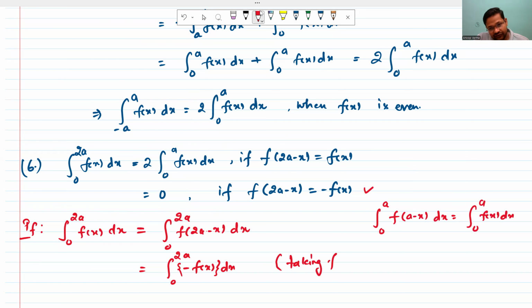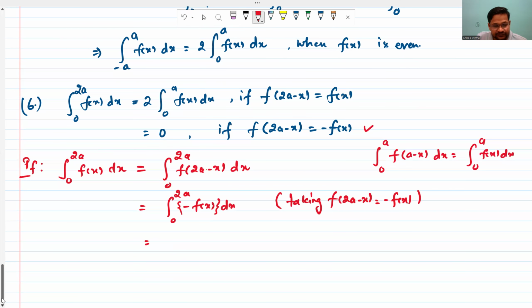Taking f of 2a minus x equal to negative times f(x), from here you will get minus times the integration from 0 to 2a of f(x) dx. And if you transfer it to the right hand side, it becomes plus.